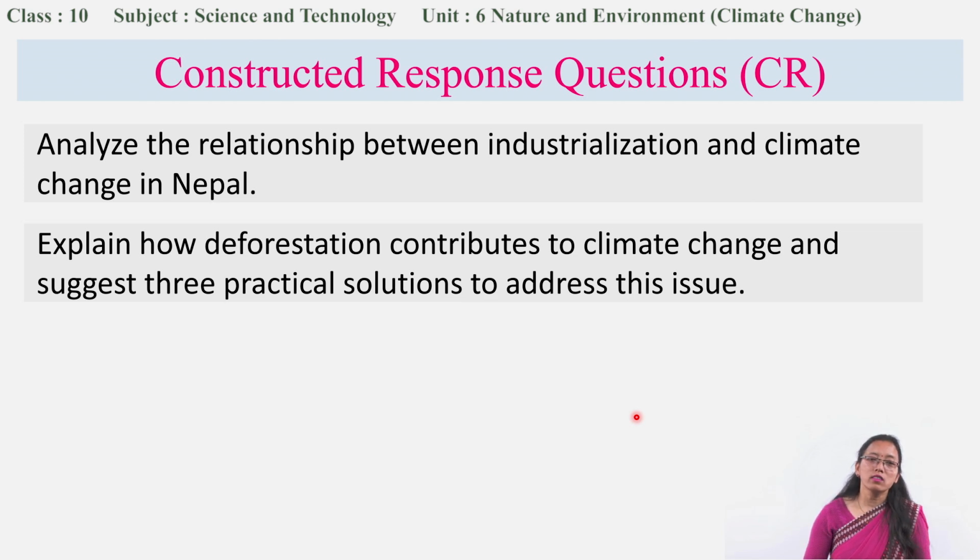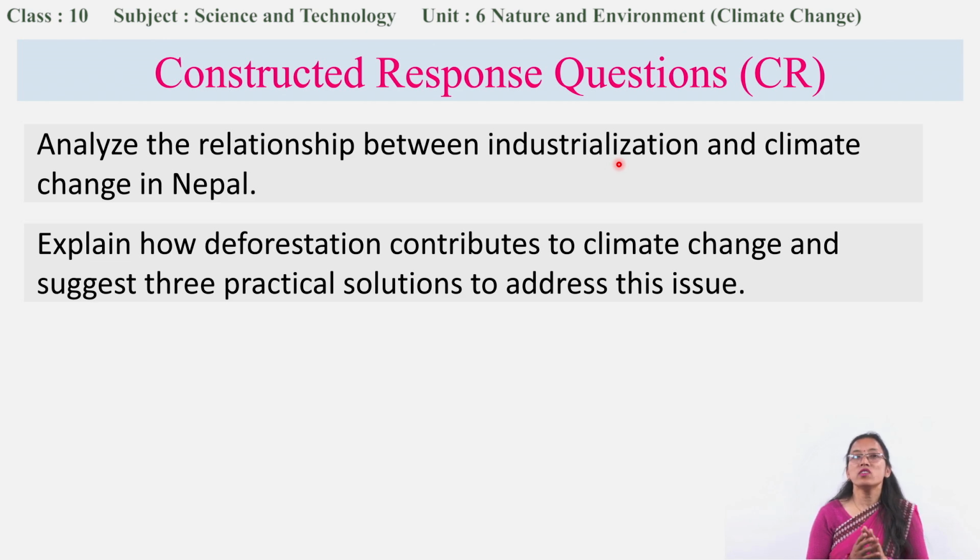And let's discuss some constructed response questions. Analyze the relationship between industrialization and climate change in Nepal. What kind of industries have you seen in Nepal? Yes, cement factories, brick factories, mostly we have seen those. Other factories are also there, and from those, what kind of gases and environmental effects are seen?